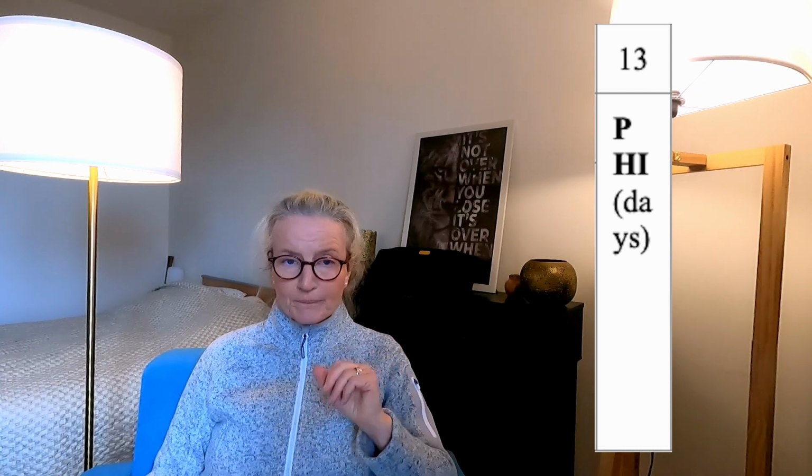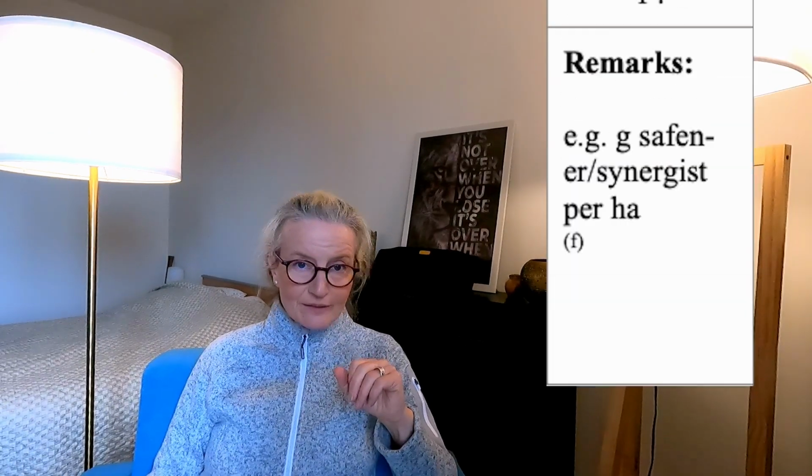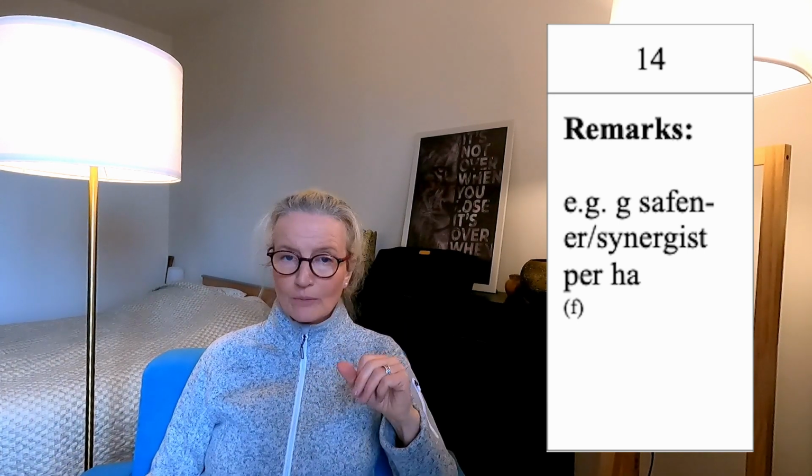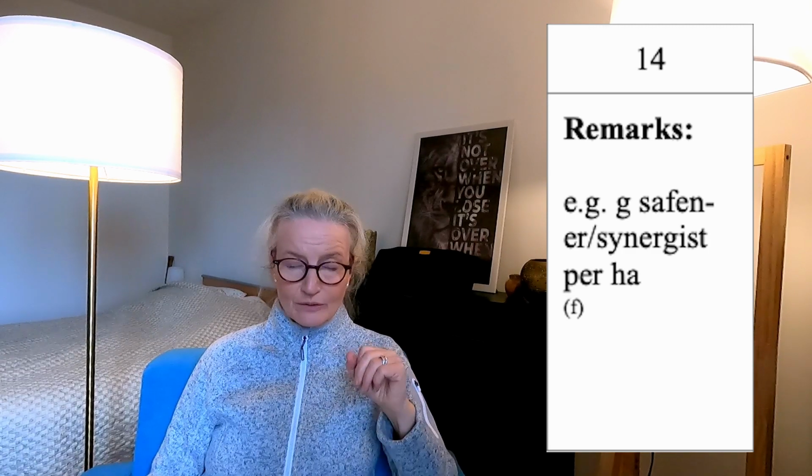But if it's a product that leaves residues which stay for a longer time, this number can considerably increase. Last but not least, column 14 is called remarks. And here you would add any other information that the user needs to know in order to apply your product correctly.